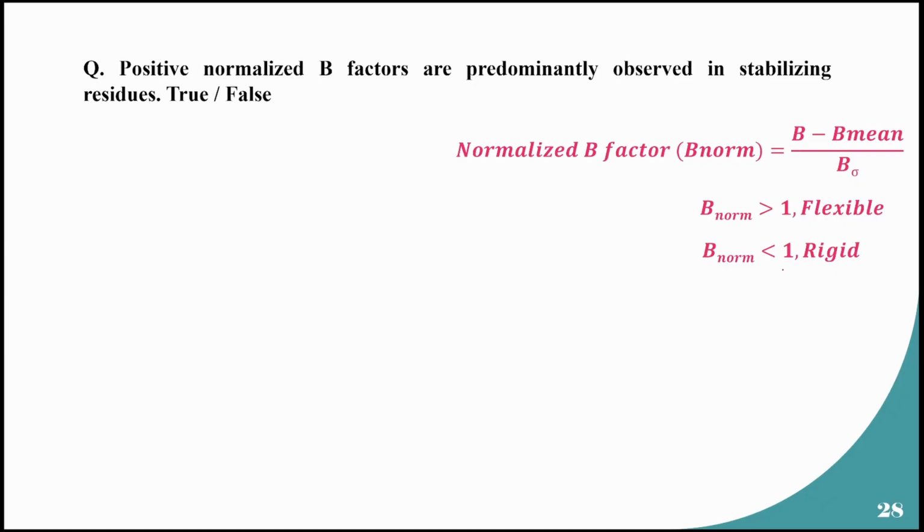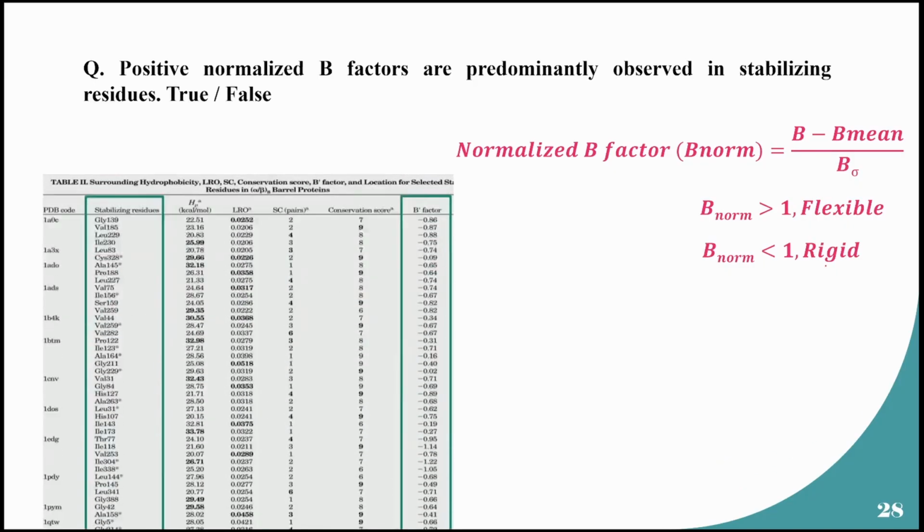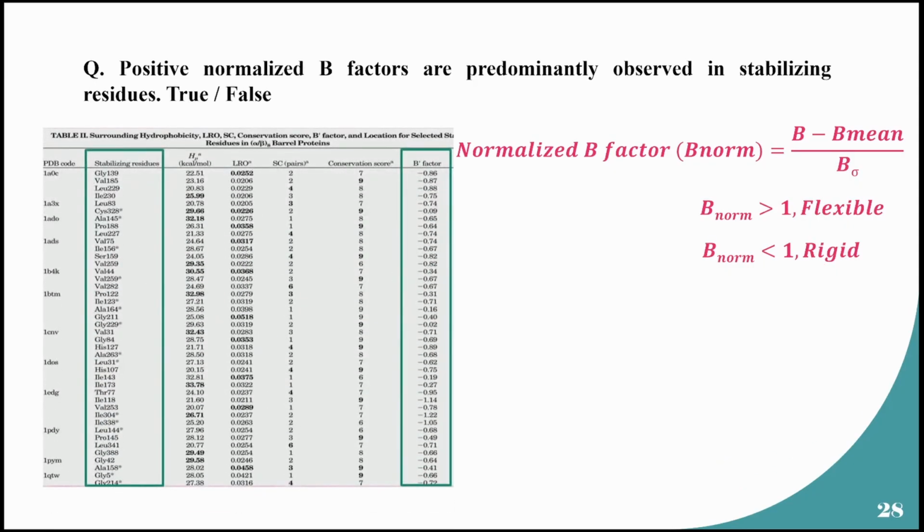And then if the B norm value is less than 1, then you can call it a rigid one. So in this particular case, we will calculate this for residues, right? And in this example, what Professor Gromiha also mentioned, we'll see that a chart is given where the different stabilizing residues are listed here for the different PDB codes, and then the normalized B factor value is also given on the right hand side.